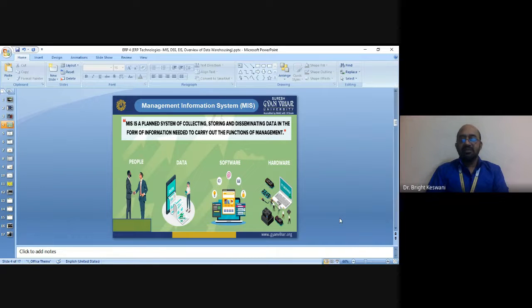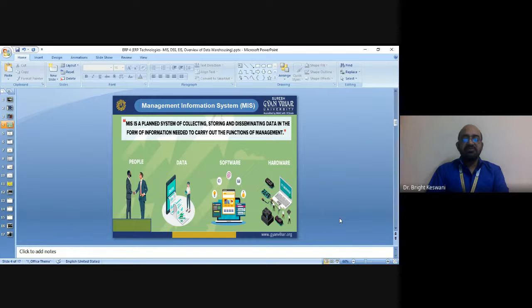The MIS is defined as a computer based information system. So there are several definitions of MIS, and you can see in this picture that there are people, data, software, and hardware. All of these components work together and make the MIS.